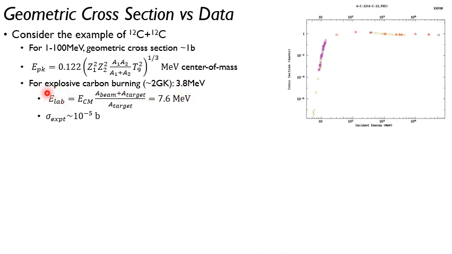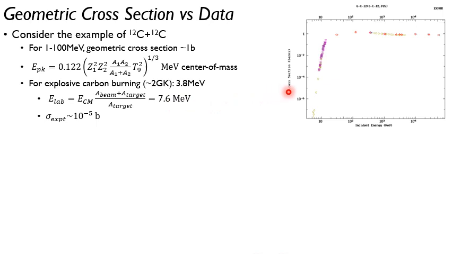So if I have a carbon-12 beam and a carbon-12 target, the carbon-12 beam energy that corresponds to that center of mass energy is just the center of mass energy times the mass of the beam plus the mass of the target divided by the mass of the target. And we see that's about 7.6 MeV.